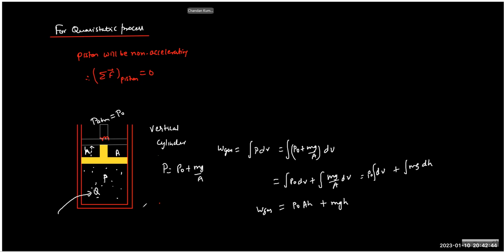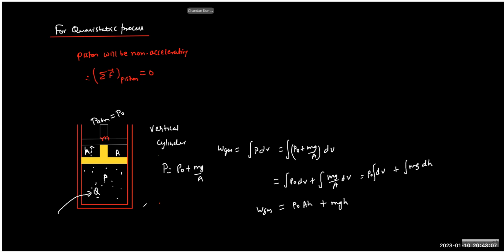So how much money do you receive from an external source? Say P naught Ah plus mgh. No, how much money did you receive? Money means energy. You received Q energy, right? The gas, yes, sir. Us means always the system. My system is gas.